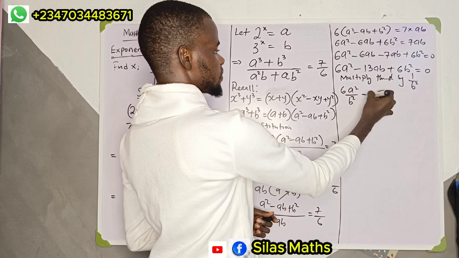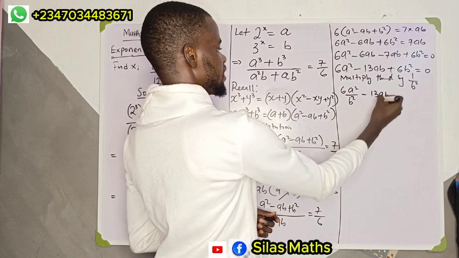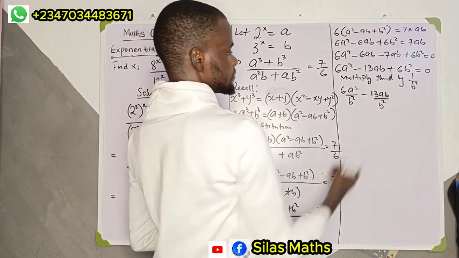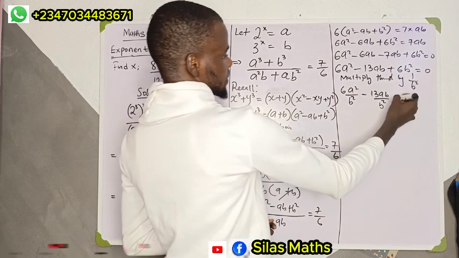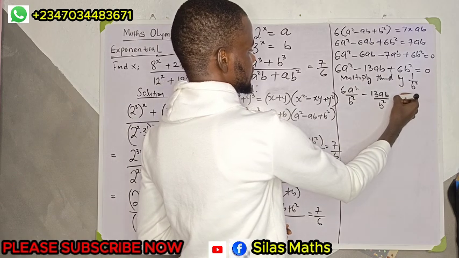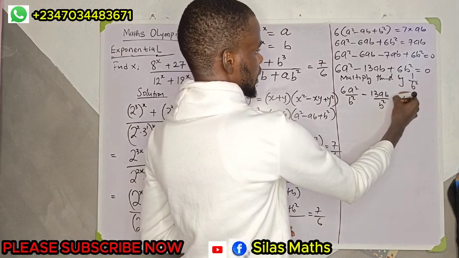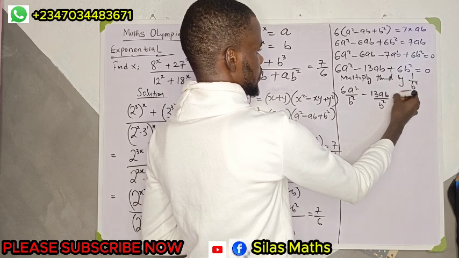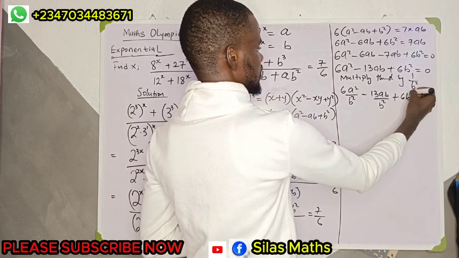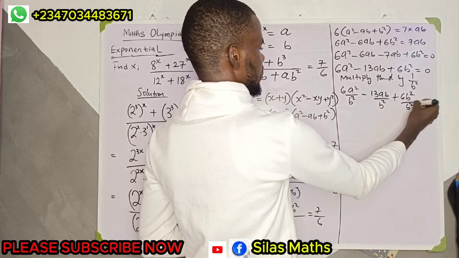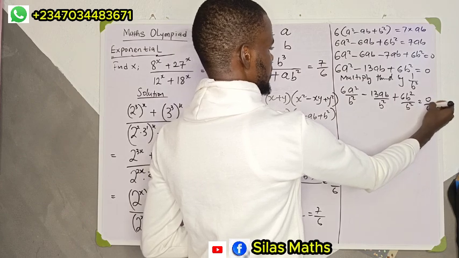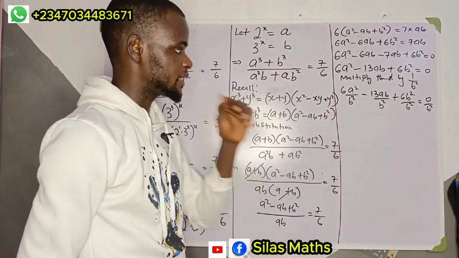Times the second one, I'm going to have 13ab over b². Then the last one, I'm going to have this plus 6b² over b², all over 0 over b². That is if I multiply through by that.